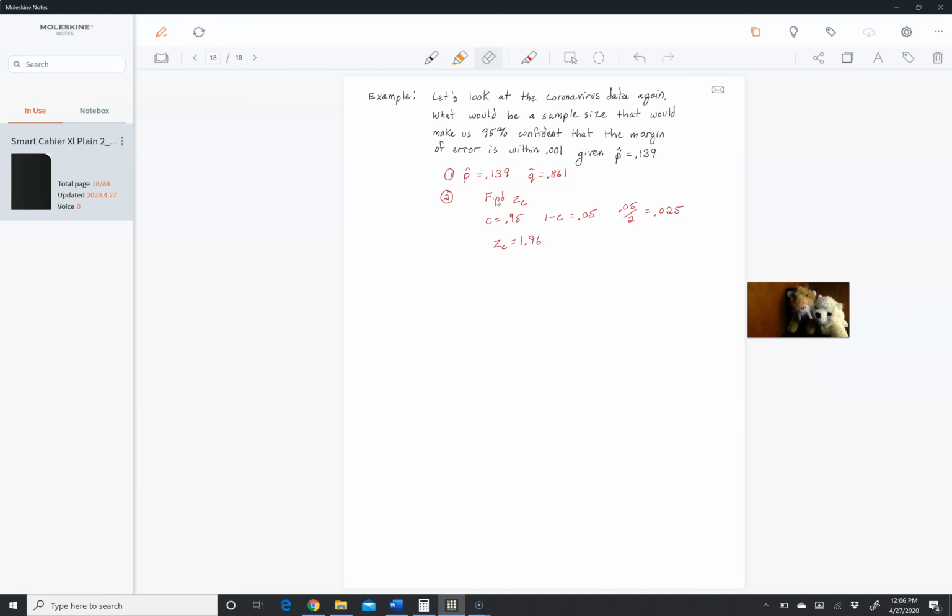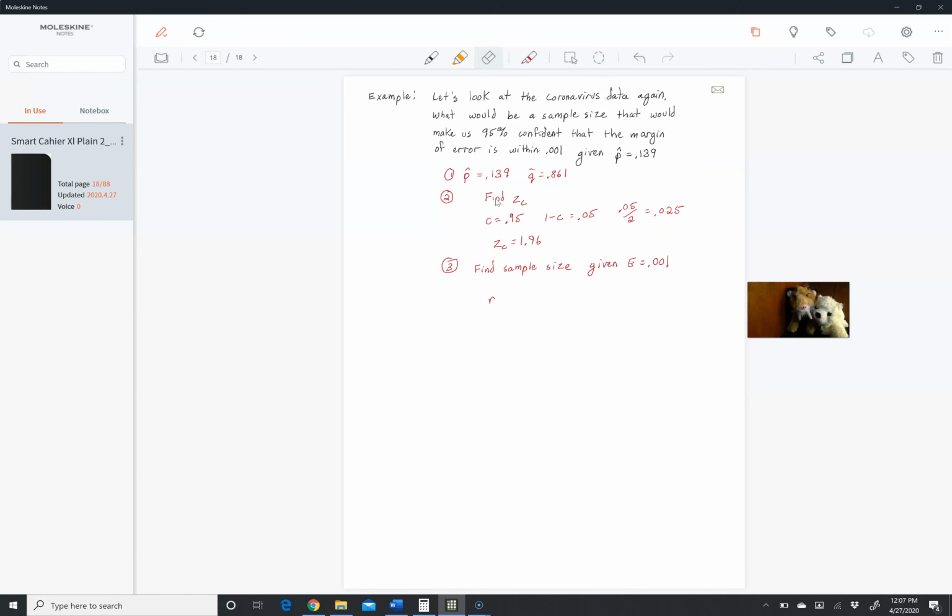We did this already. Now we know that our margin of error is 0.001. So now we find the sample size. It's less work here. So E is 0.001.